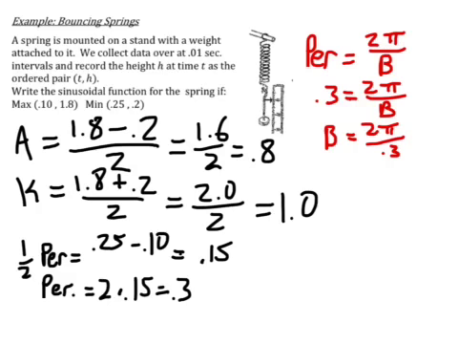So we want a function in this form: we have the amplitude times the cosine of b times x minus h, plus k.